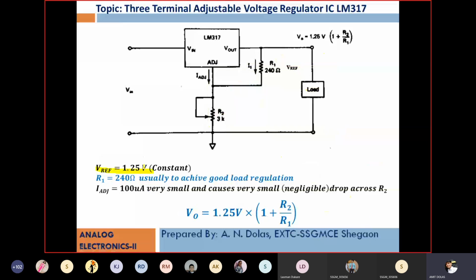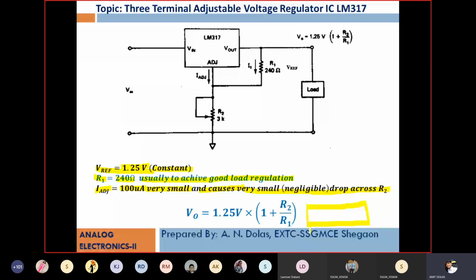We know V reference is 1.25 volt, which is constant. R1 is 240 ohm, usually to achieve good load regulation. I adjust is 100 microampere, very small, and causes very small or negligible voltage drop across R2. Therefore, the term R2 into I adjust may be neglected in certain cases if it is not mentioned in the problem.